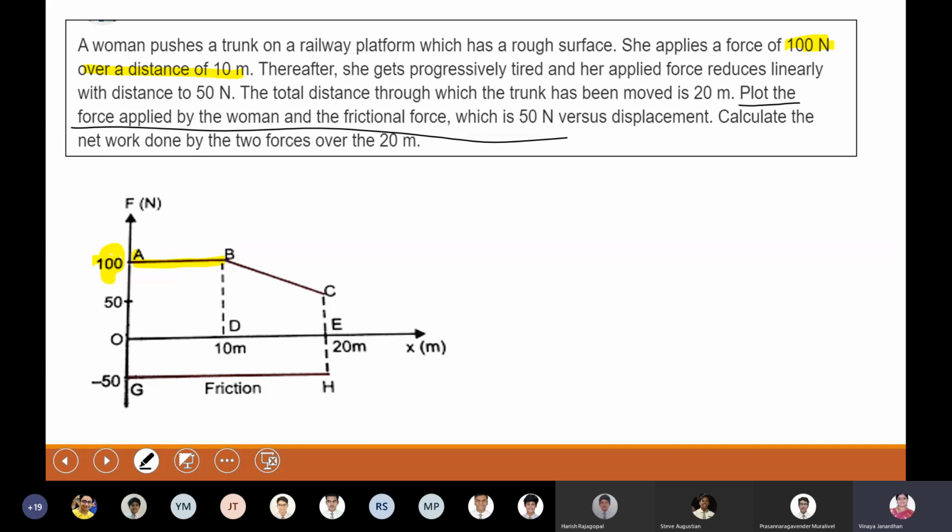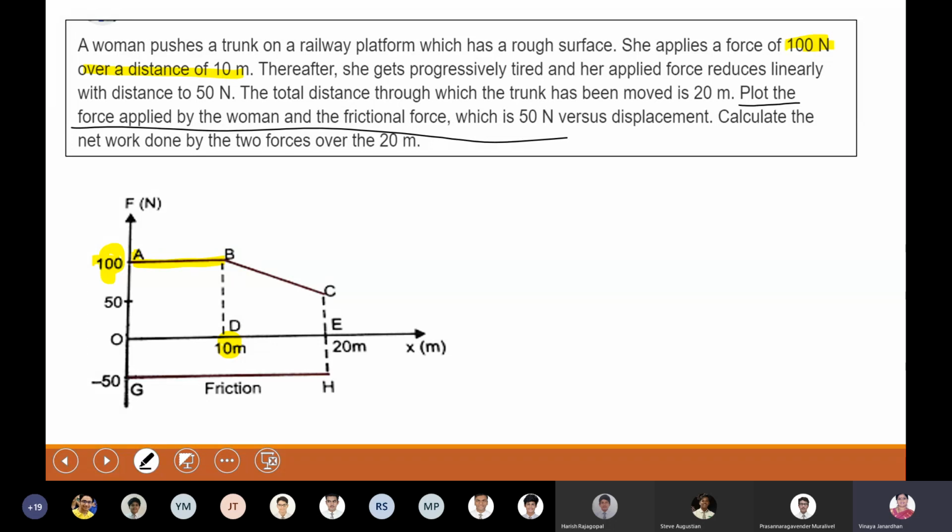So at point A, the person has applied a force on the body, so the body has moved to a distance of 10 meters. So all along A to B, the body is experiencing a force of 100 Newton. And when it reaches the point B, it has traveled a distance of 10 meters. That is the first part of your question.